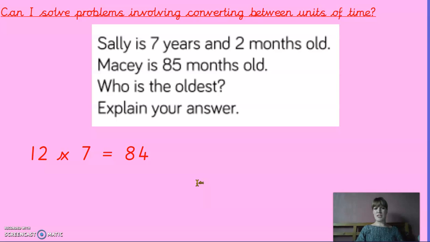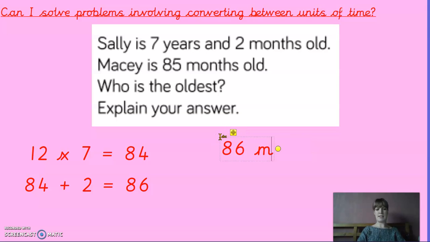Now, my question isn't finished there. I'm not finished answering that, because I still need to make sure I add the 2 months onto my 84. So 84 add 2 equals 86. So just from that, Sally now has, let's just write it here, 86 months.